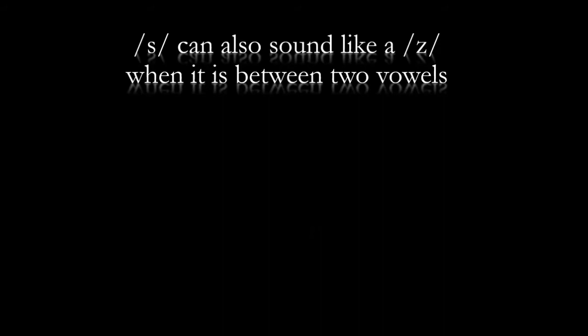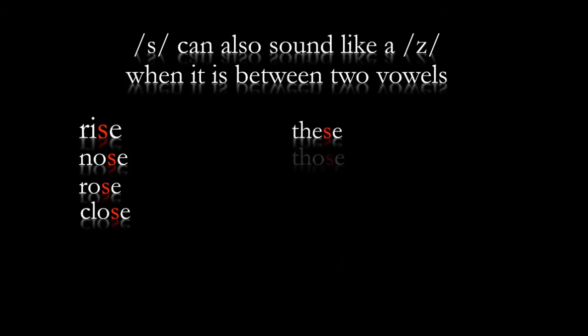So let's take a look at some examples of how S sounds like a Z. We've got rise, nose, rose, close. See how we've got the S in between two vowels? In all of those cases, it sounds like a Z. Here's some more. We've got these and those and sunrise and use.